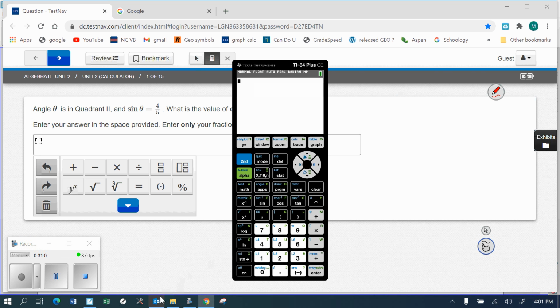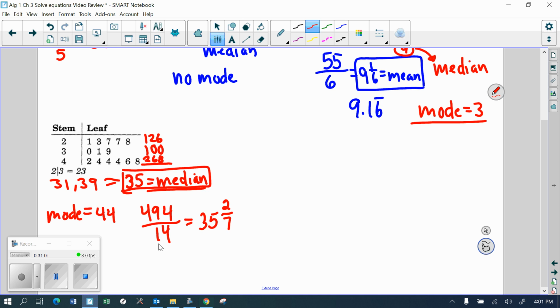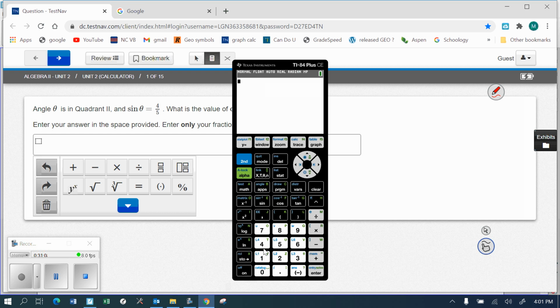So what were my numbers? I was dividing 494 divided by 14. Notice this is going to give me a decimal. Then I hit math, enter, and get 247 divided by 7.